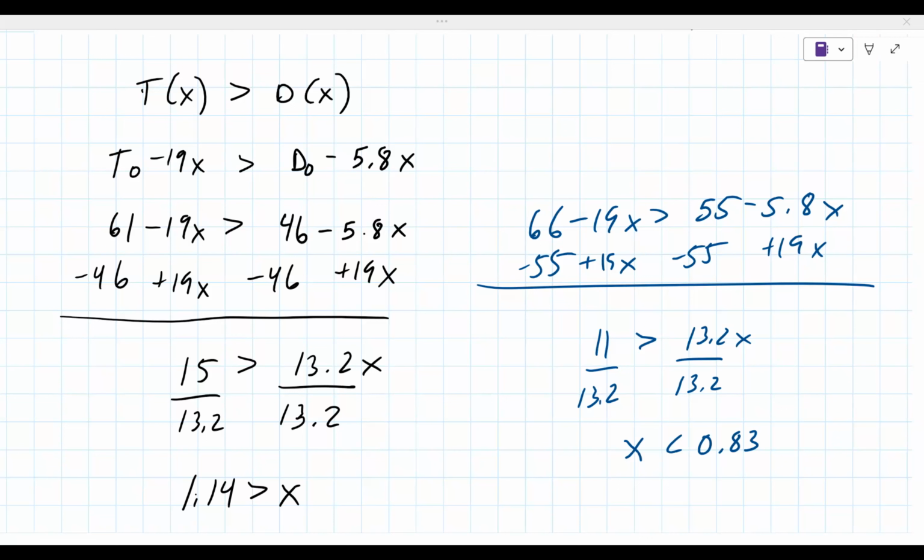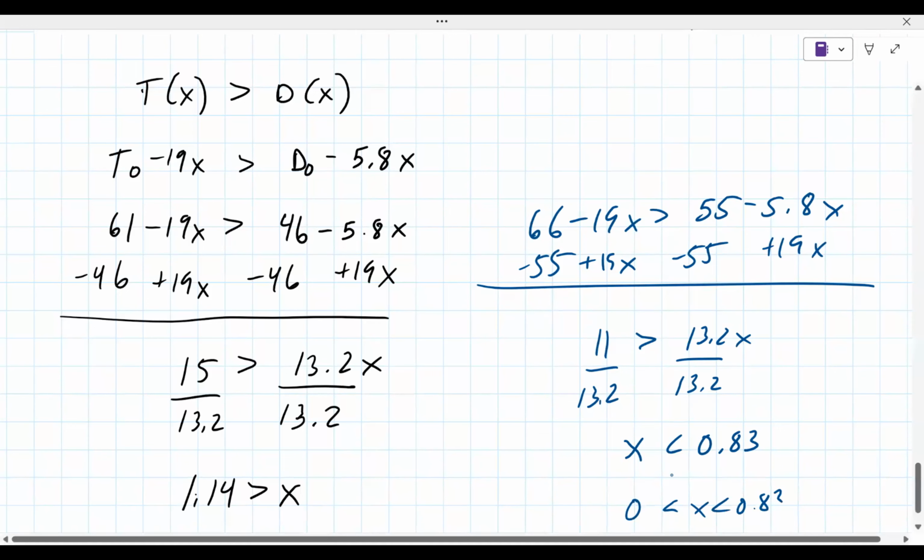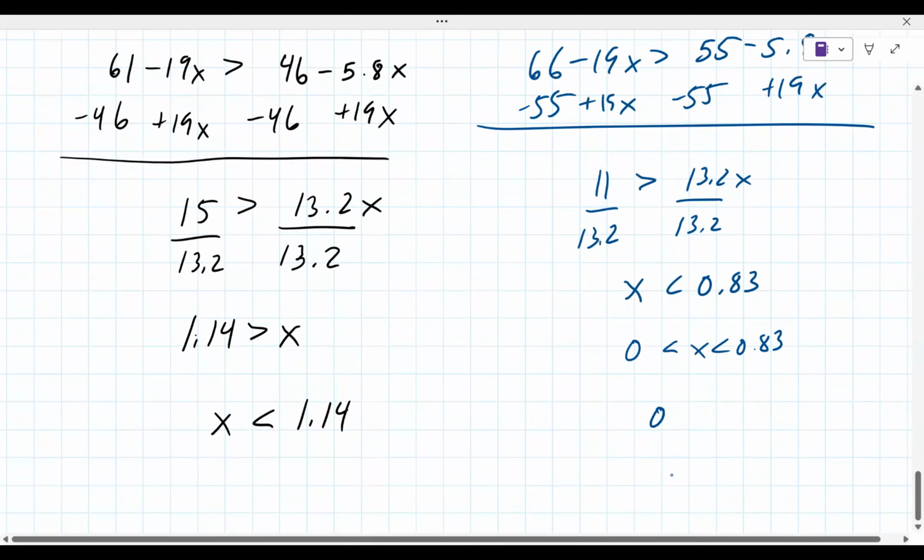Now we have to find the solution set. Well, x is less than 0.83, but it's probably not negative. So it might be 0 to x to 0.83, or using interval notation.